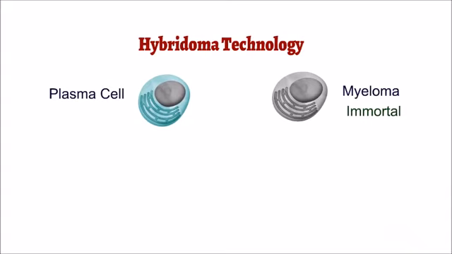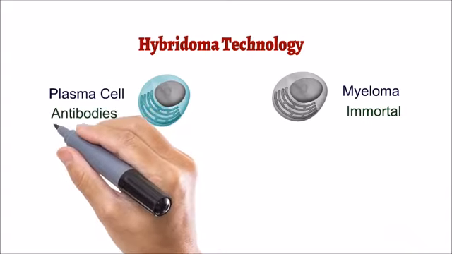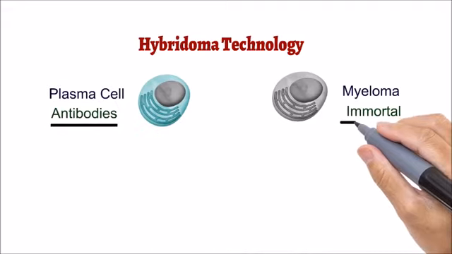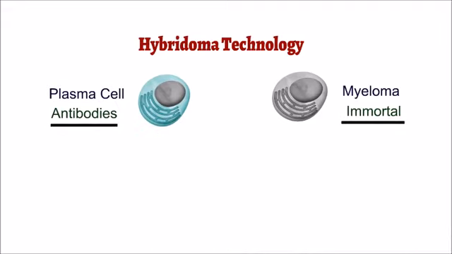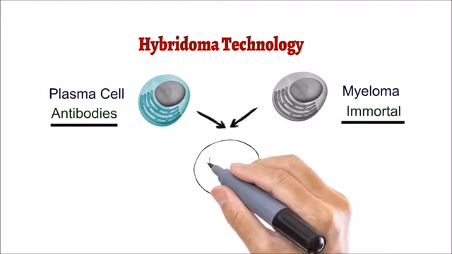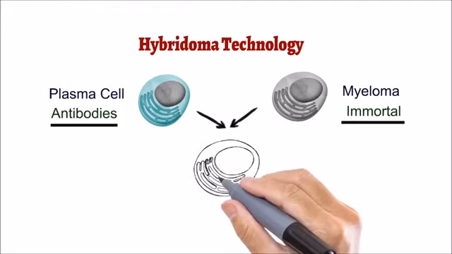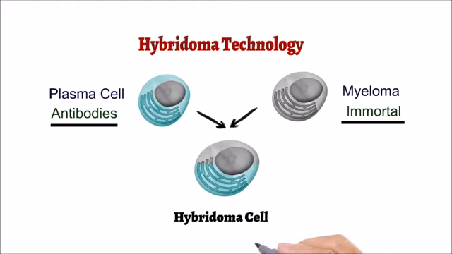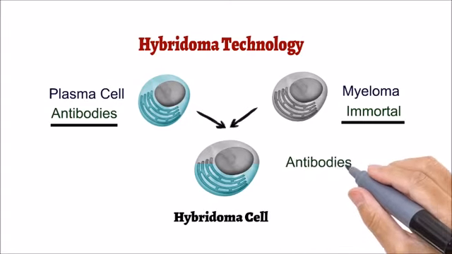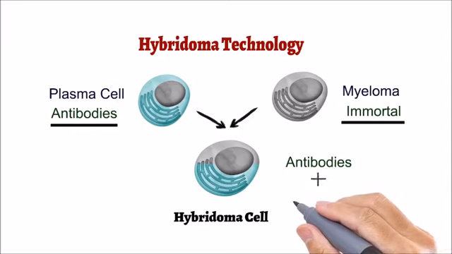So we have fused one cell which has the ability to produce antibodies and another cell which is immortal in nature. The new cell produced by the fusion of these two cells is called a hybridoma cell. Therefore, this hybrid cell gains the properties of both cells. So this cell is going to produce antibodies, and it is also immortal in nature.